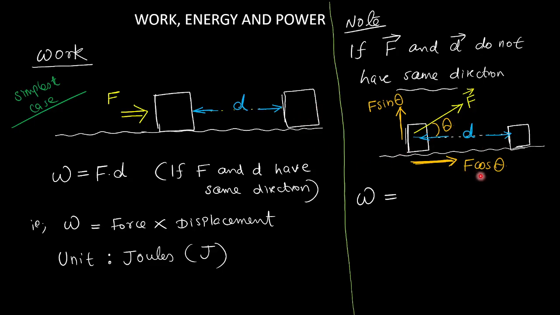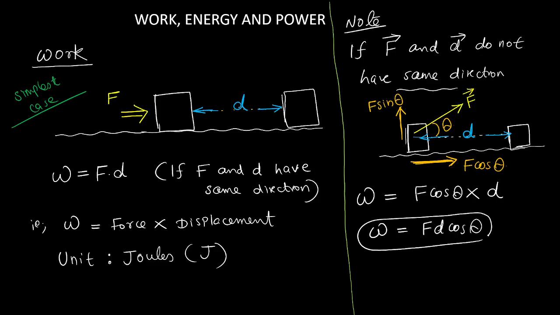The horizontal force is F cos theta here. F sin theta is not counted. It does not have any role. So this is the general situation. In this case, work equals F d cos theta. This is the general formula.